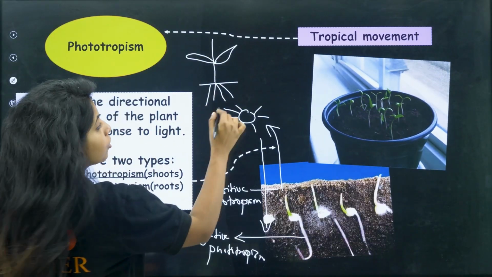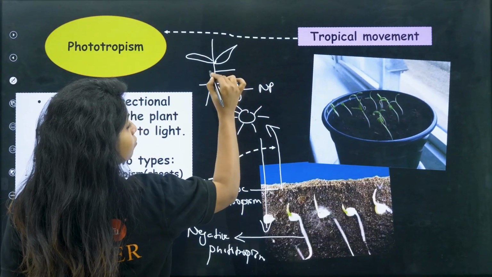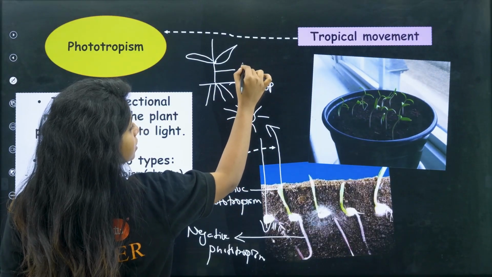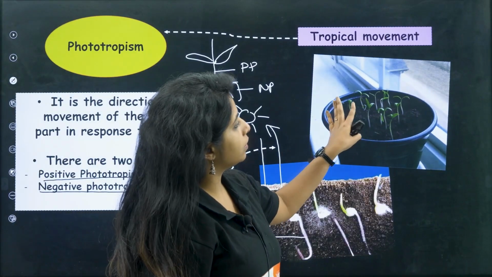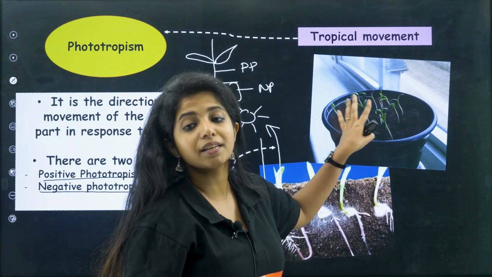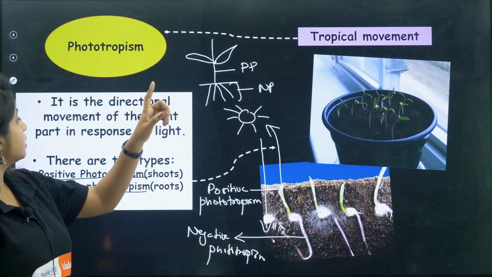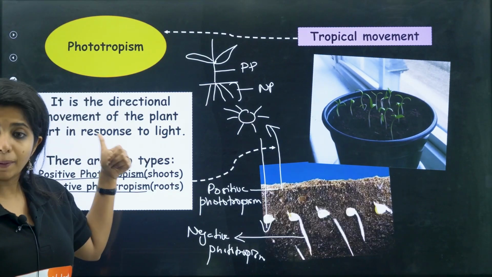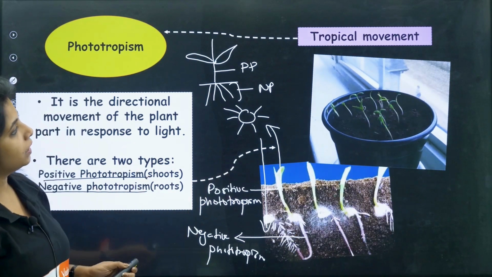Over here, the roots are going down, so they show negative phototropism. The shoot is going to go up, that is why it is known as positive phototropism. Over here also you see, they are going towards the sun. So this is an example of tropical movement, phototropical movement. Here, it is a directional movement of the plant part in response to what, children? Light.